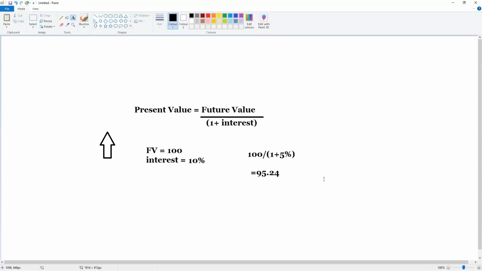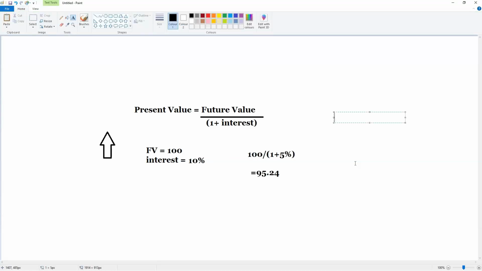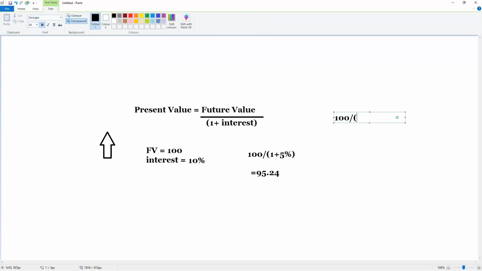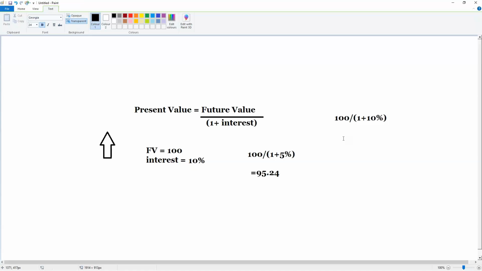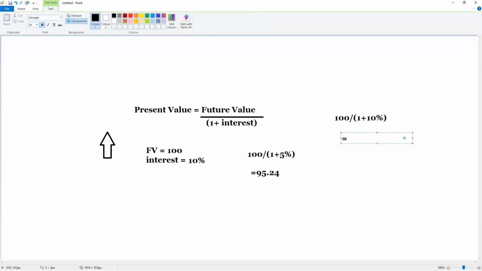Okay. So now we're going to put that into our 100 divided by 1 plus 10%. Okay. And if you put that into your calculators, okay, you get a different present value. The present value is lower. It's going to be 90.91.